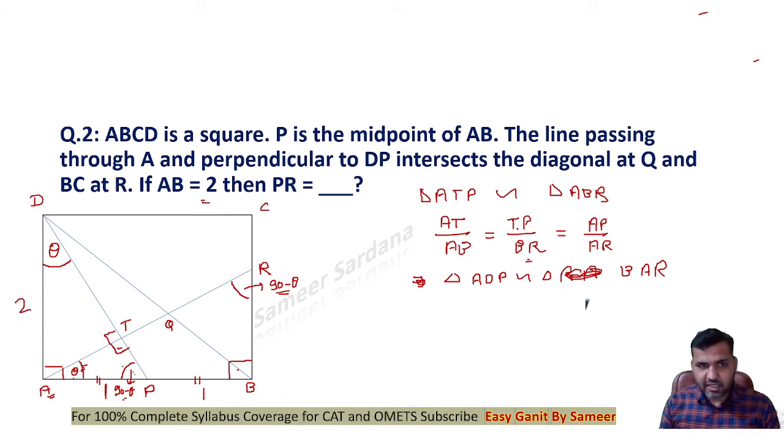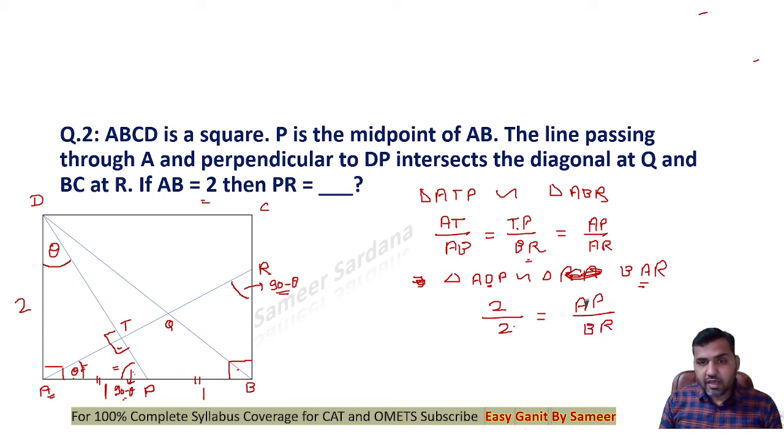Now in this case, I can say that the side opposite to 90 minus theta in ADP is 2, and the side opposite to 90 minus theta in BAR is also 2. These two sides' ratio would be the same as the side opposite to theta, which is AP, divided by the side opposite to theta in triangle BAR, which is BR.